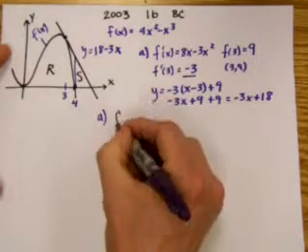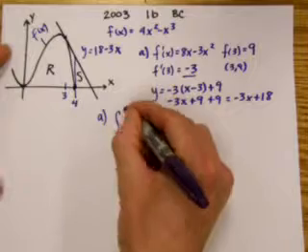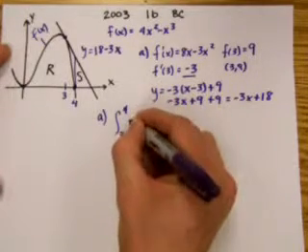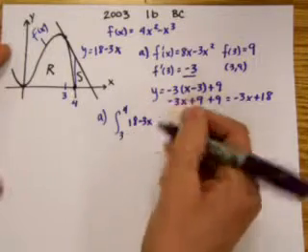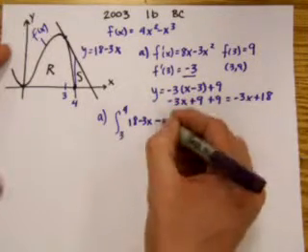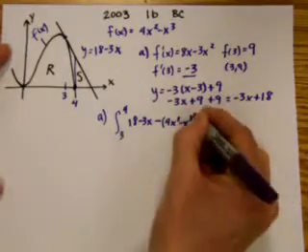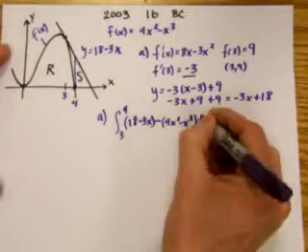So we're going to take the integral from 3 to 4 of the function on the top, which is 18 minus 3x, minus the function on the bottom, which is 4x squared minus x cubed dx.